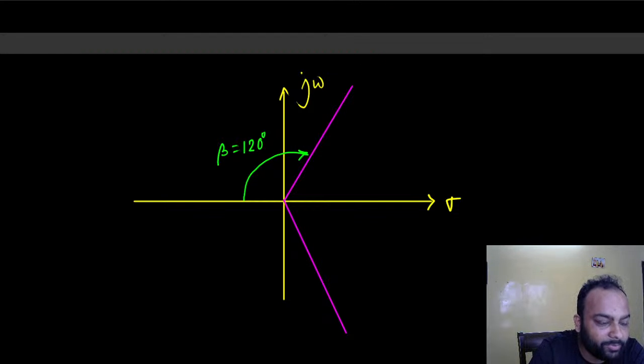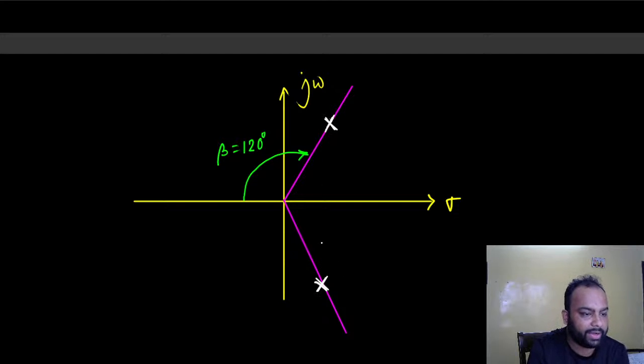So now the question is, say we have a pole pair here and here. I haven't told you anything, right? We have a pole pair here and here. All right.